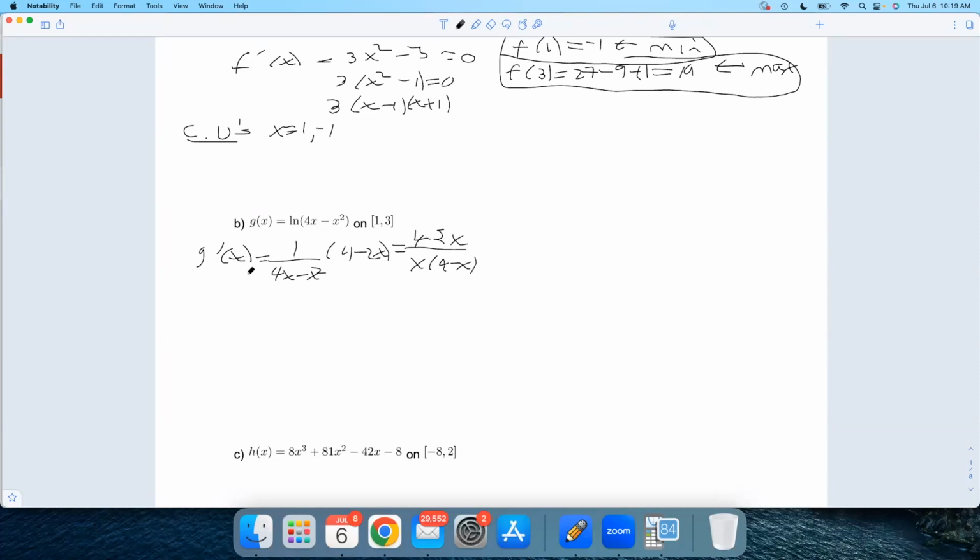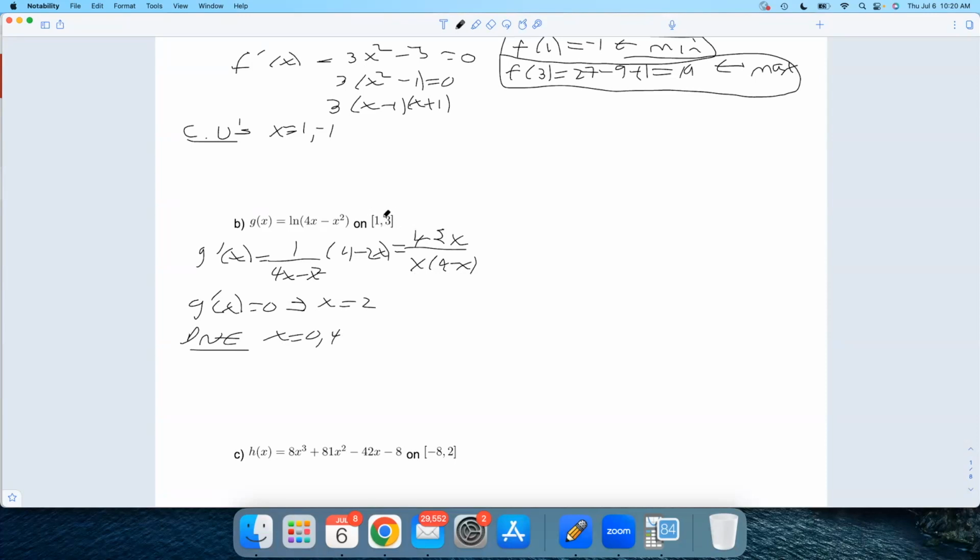So let's see the top. G prime equals 0 when the top equals 0, that's at x equals 2. It does not exist when the bottom equals 0, at 0 and 4.